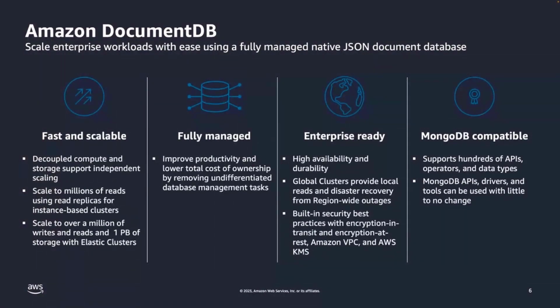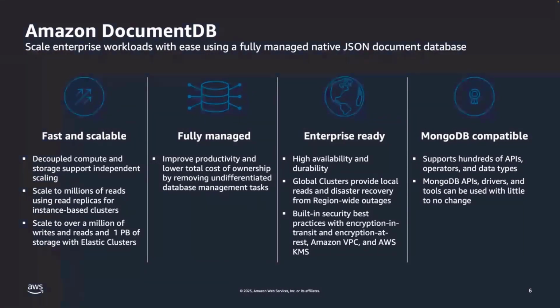Another component of the Amazon DocumentDB service is that it is enterprise ready. Amazon DocumentDB achieves the expressive document query support while also maintaining the high availability, performance, and durability required for modern enterprise applications in the cloud. Amazon DocumentDB Global Clusters provides disaster recovery from region-wide outages and low latency global reads.